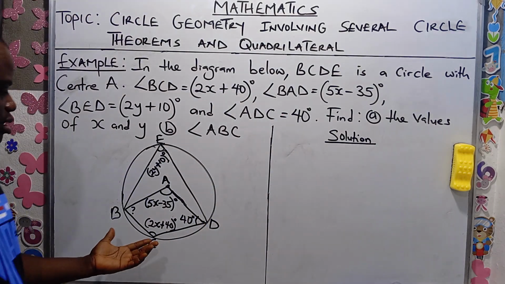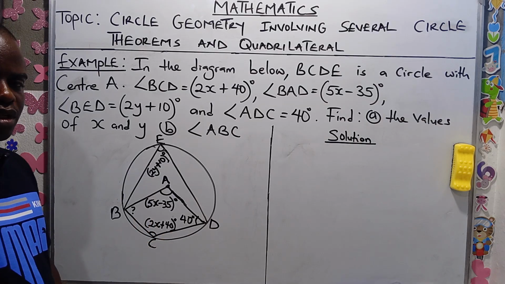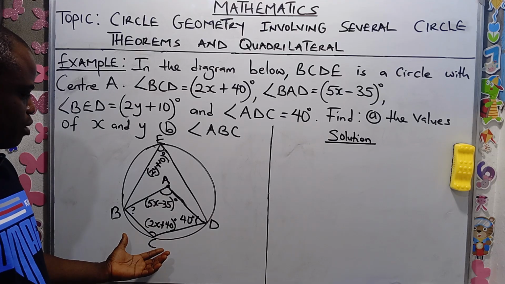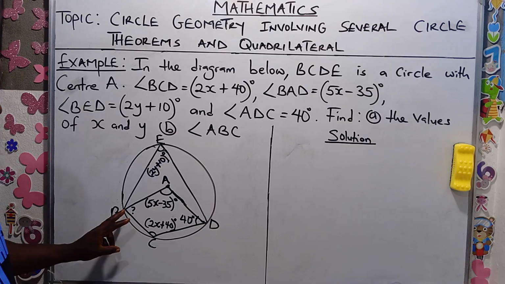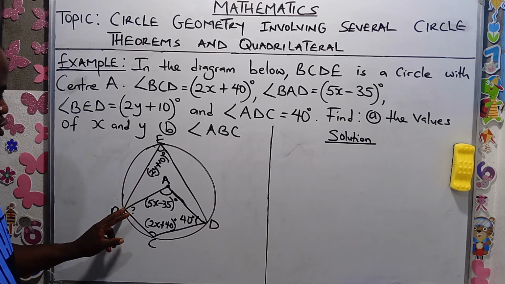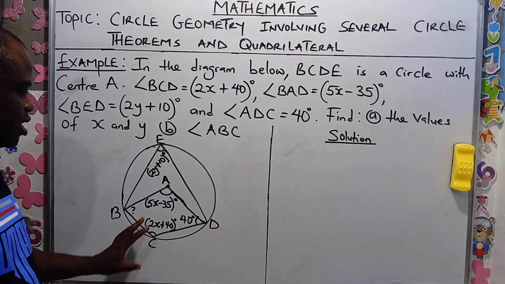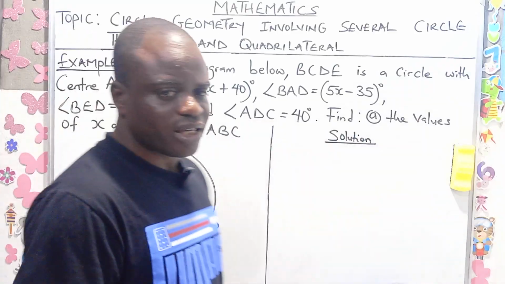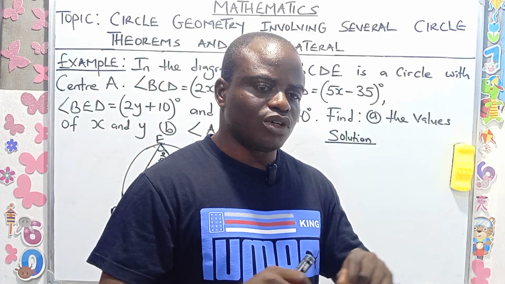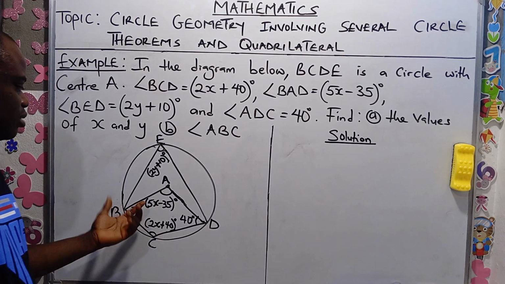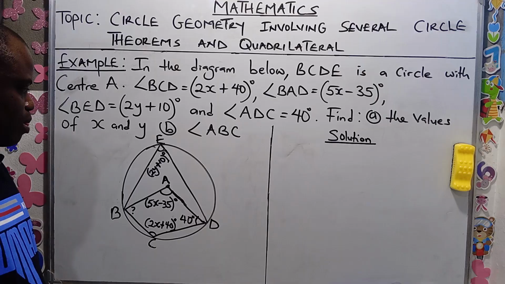Let's see the cyclic quadrilateral in this diagram. When you look at it critically, you can see that all the 4 points are touching the circumference. It means that it's a cyclic quadrilateral because all the 4 points of the diagram are touching the circumference.